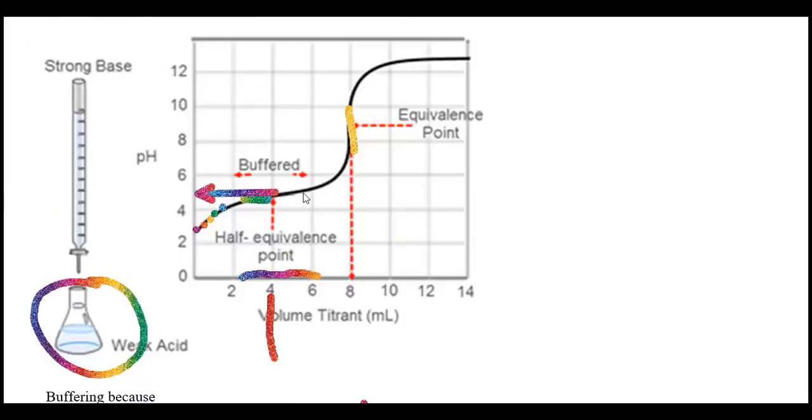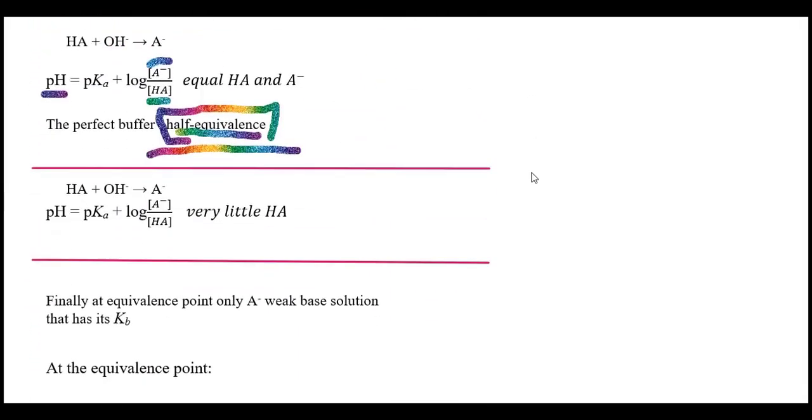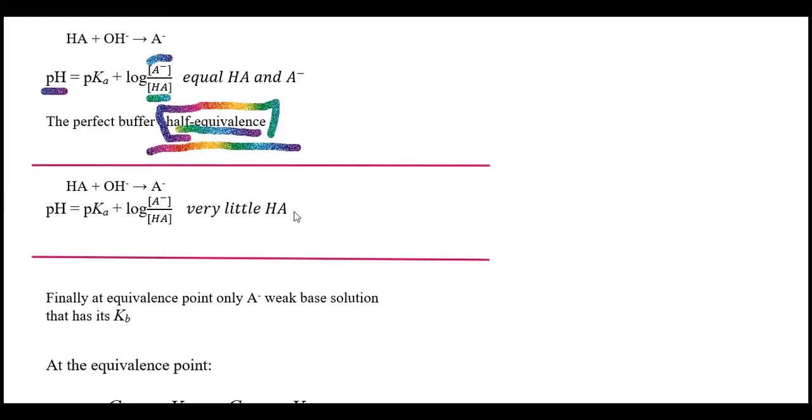Once you get past that buffered section, then you get the steep curve and you reach the equivalence point. Notice that the equivalence point is greater than 7, and the reason it's greater than 7 is that you just have A minus, you just have conjugate base.